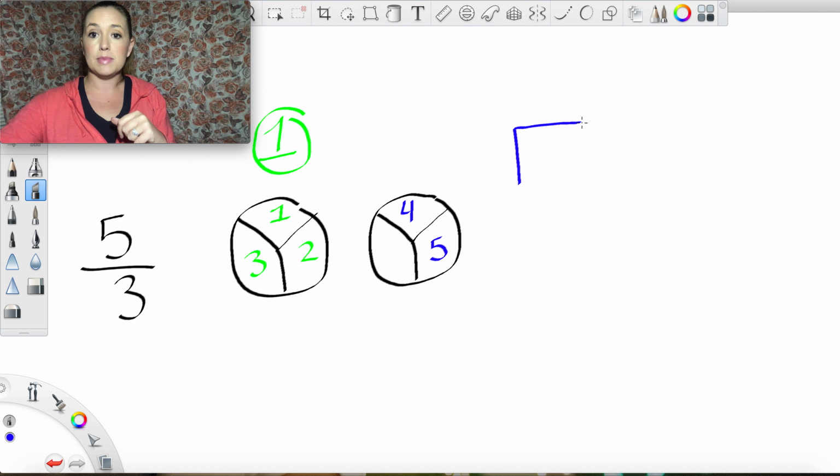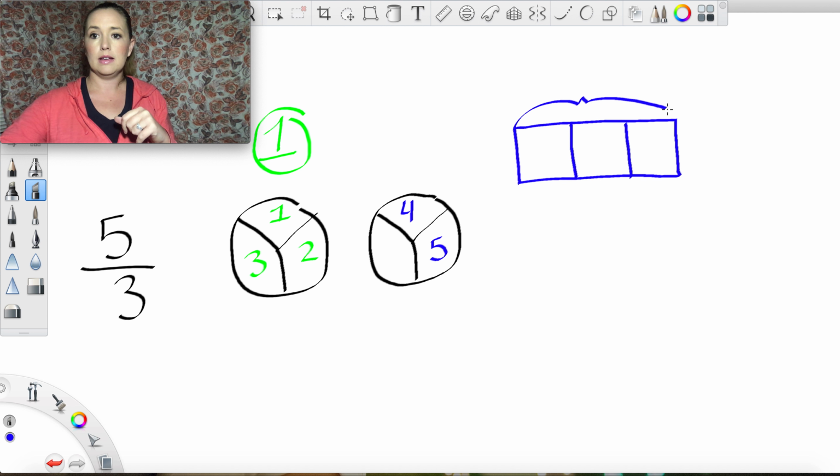I could say, here's my tape diagram. And this is my whole because it's 3 pieces. And I have 2 more pieces.